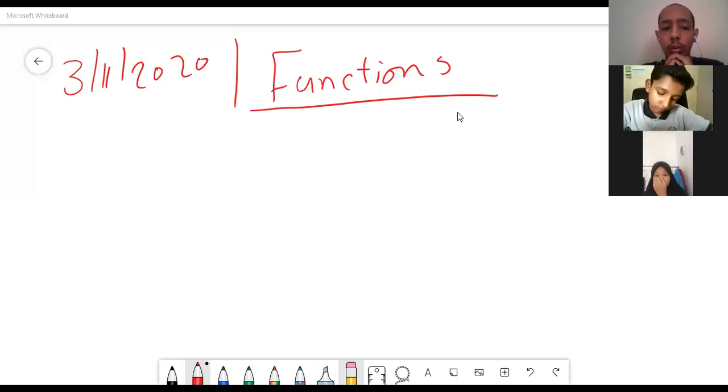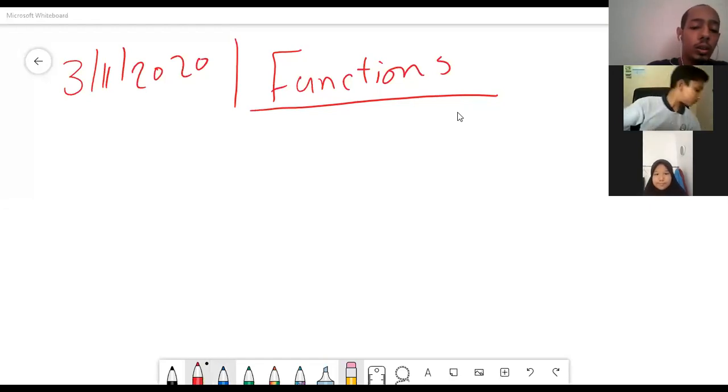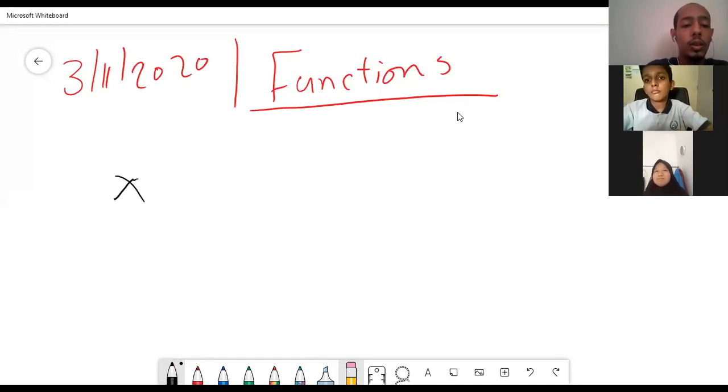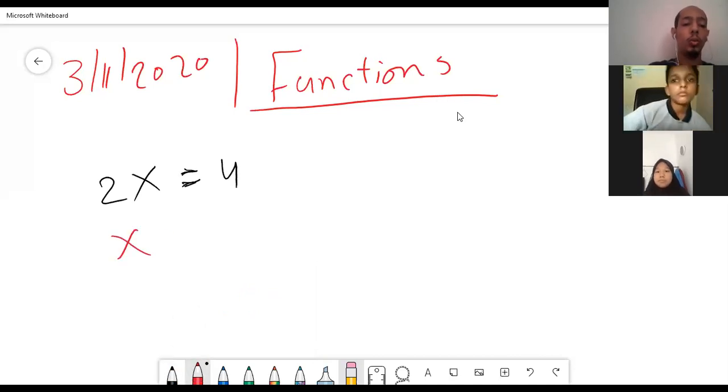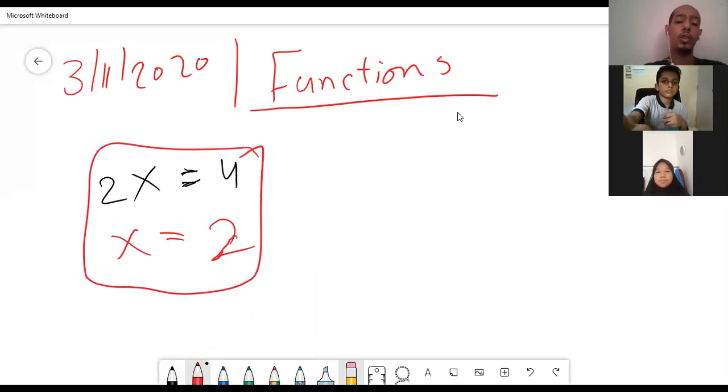So, for example, we used to say 2x, for example, equals 4. In this case, x equals what? 2, right? So this is called an equation.